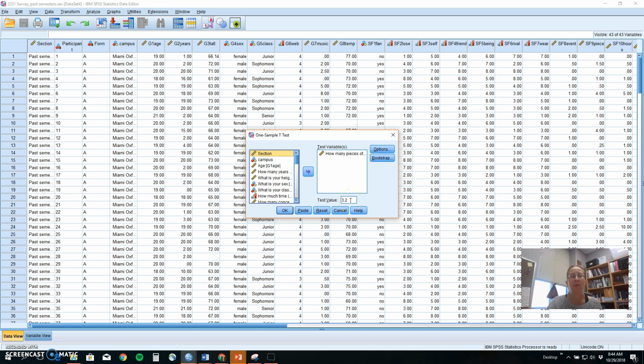For this particular example, I started with a made-up population mean of 3.2. So what we're going to do is figure out if Psychology 2231 students own the same amount of sporting apparel as the population. That's the null hypothesis, H0 equals 3.2.